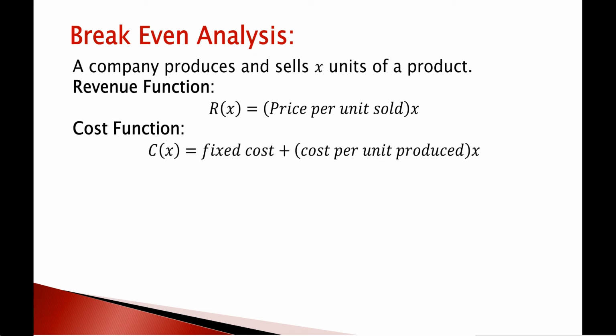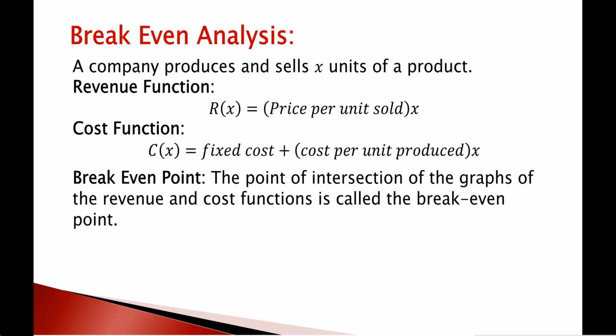C of X is equal to fixed cost plus cost per unit produced times X. X is the number of units of this product that this company has produced, times the cost for producing 1 unit of a product, which will be added to the fixed cost.